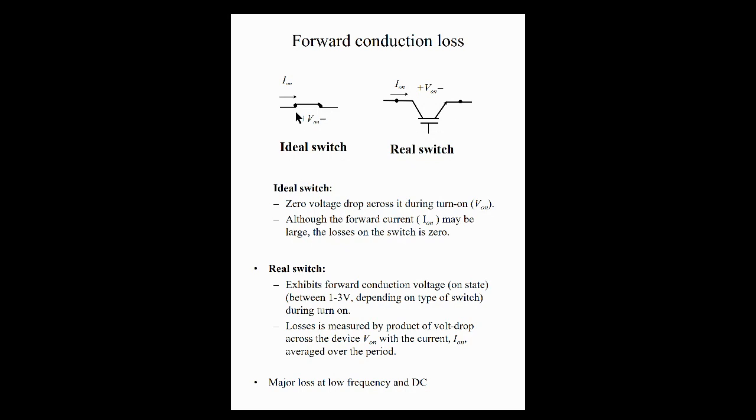However, we'll have some amount of current flowing through this switch. Our real switch, at turn on, has some amount of voltage drop, normally about 1 to 3 volts.